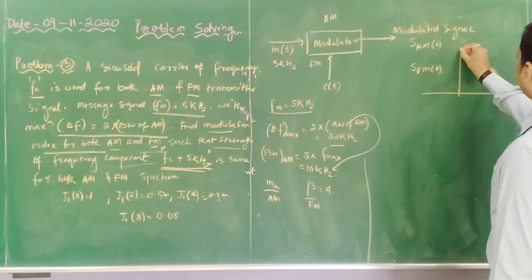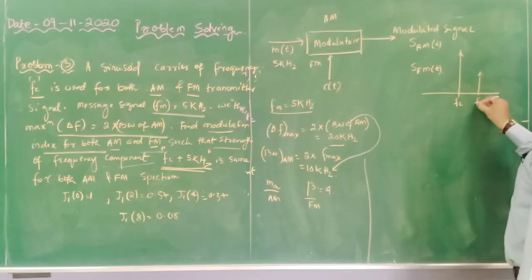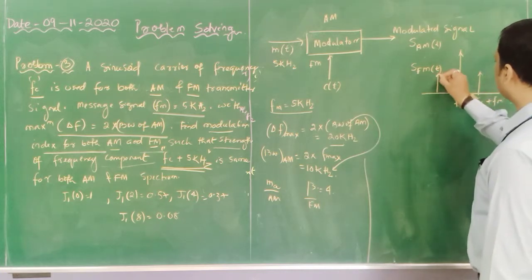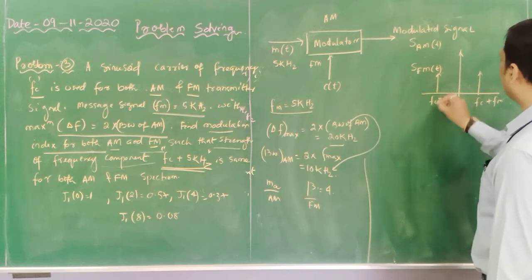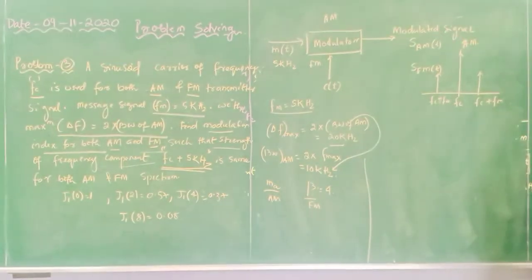This is your Fc. This is Fc plus Fm, and this is Fc minus Fm, for the AM signal. This is AM. The amplitudes of the sidebands are the same.